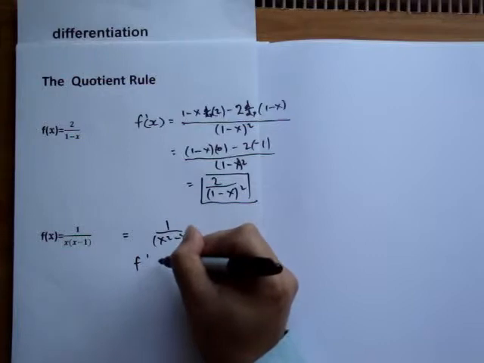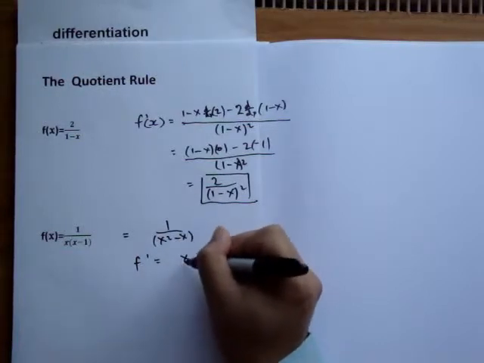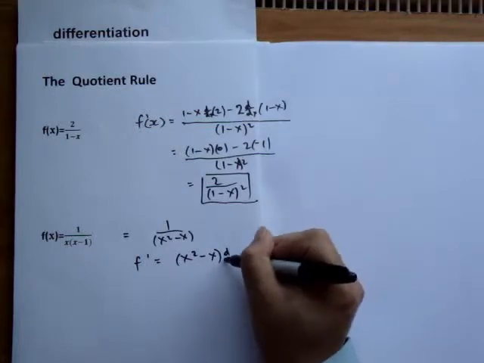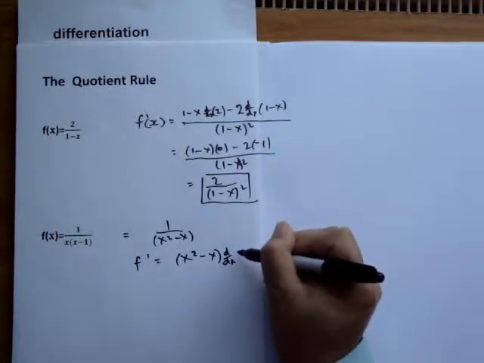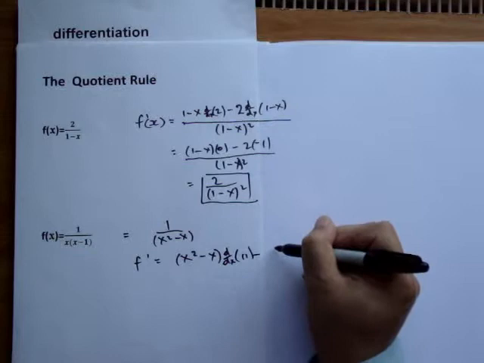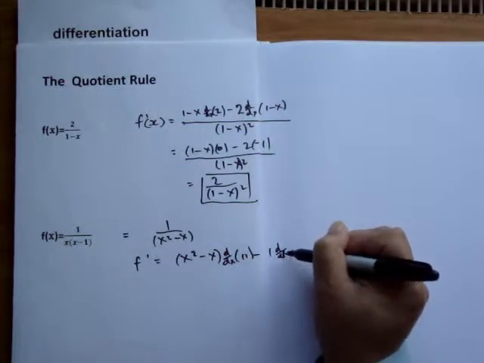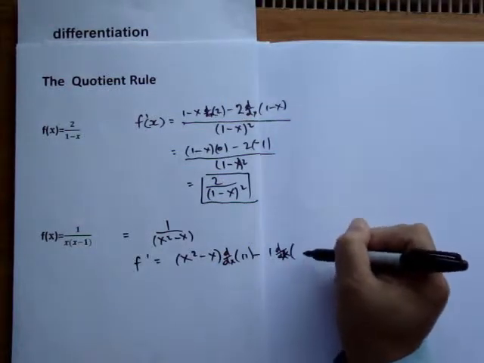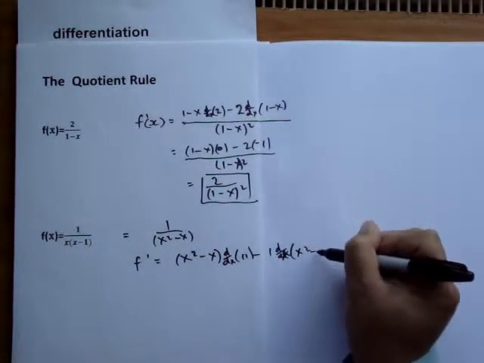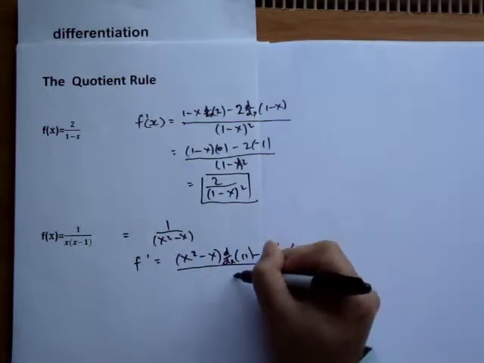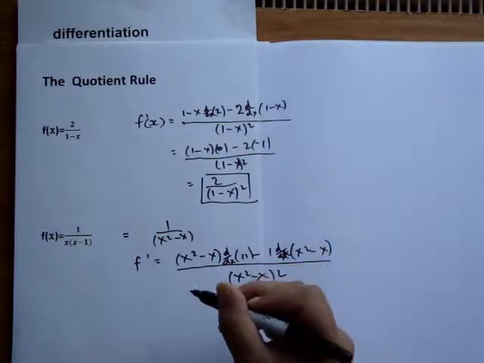So f prime becomes the denominator, x squared minus x, multiplied by the derivative of the numerator, minus the numerator, multiplied by the derivative of x squared minus x, all over x squared minus x squared.